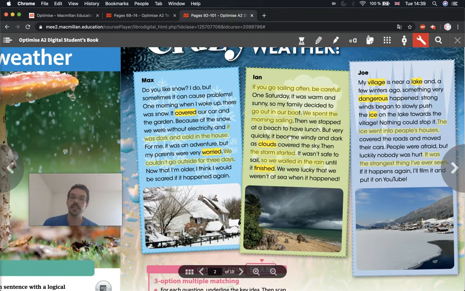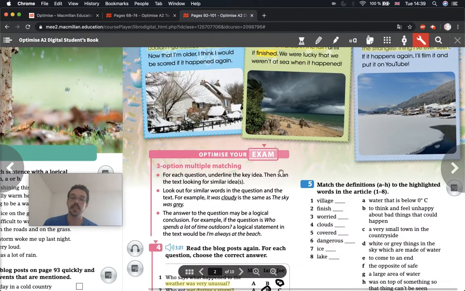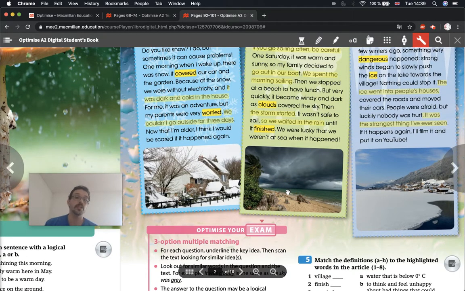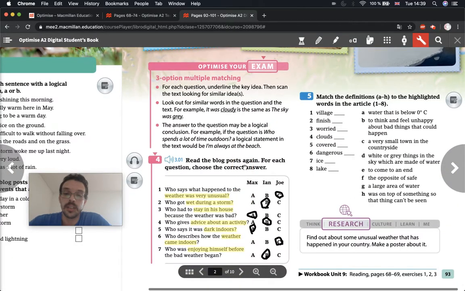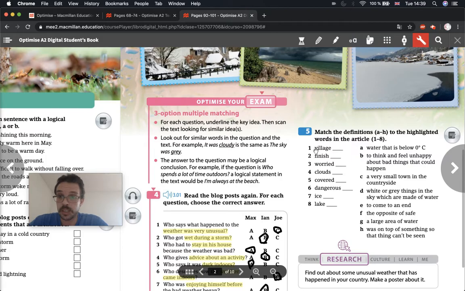So find the same idea in the text, using similar words, phrases that mean the same but are different. And you find it in the text, and then you can get your correct answers. Easy.